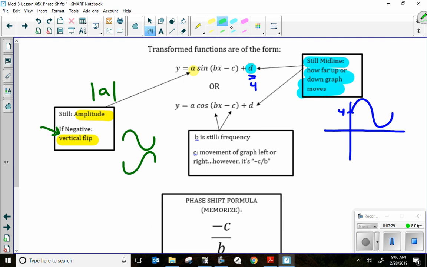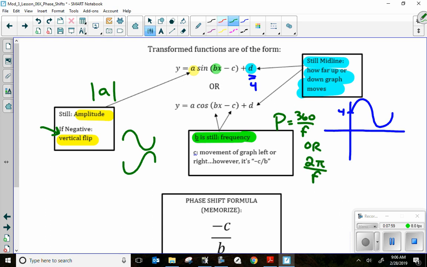Green. I like green. It's a good color. B is still my frequency. I am still going to need that to find out my period, okay? The only difference, and I'm kind of getting ahead of myself. If B is the frequency, let's not forget period equals 360 over your frequency. And I want to use F instead of B. Or if it's in radians, we could say 2 pi over frequency, okay?